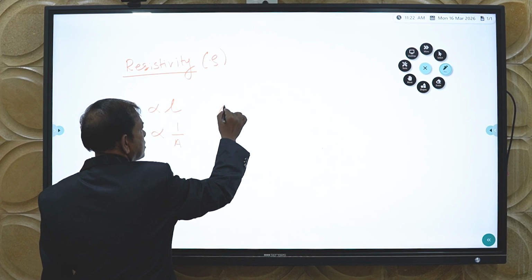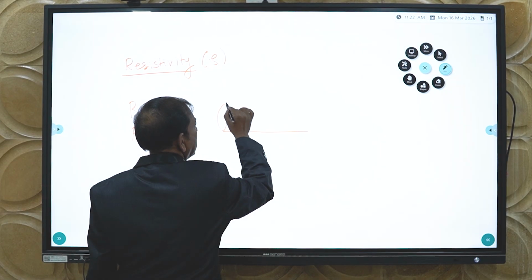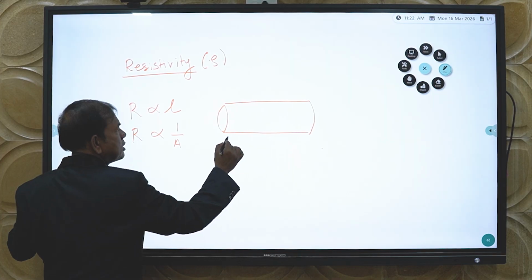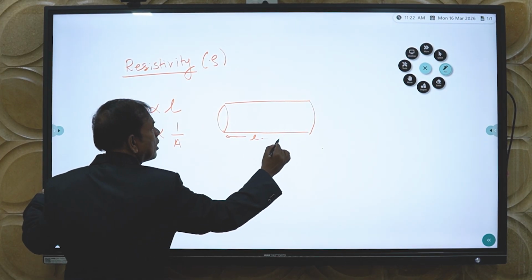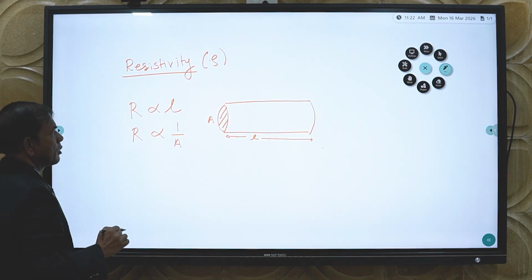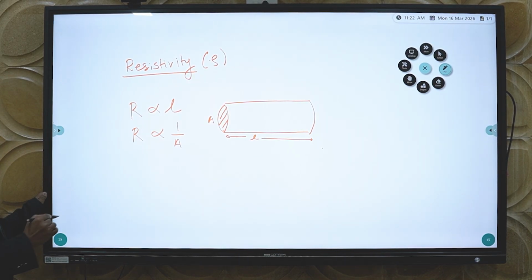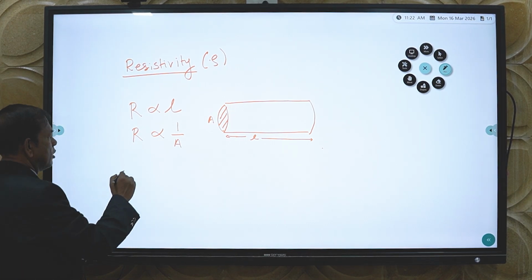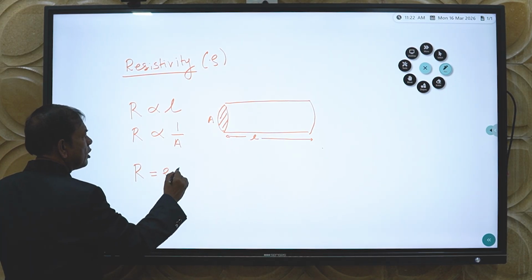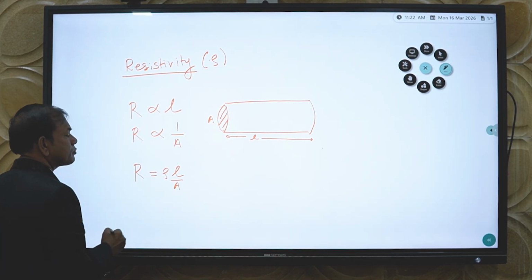Here look, if I consider a resistor like this, here the length of the resistor is L and area of cross section here is basically A. But in IB, sometimes they ask you questions in terms of volume. So that concept is not included in many textbooks. So what we can do here, R we know is equal to a constant rho L upon A.